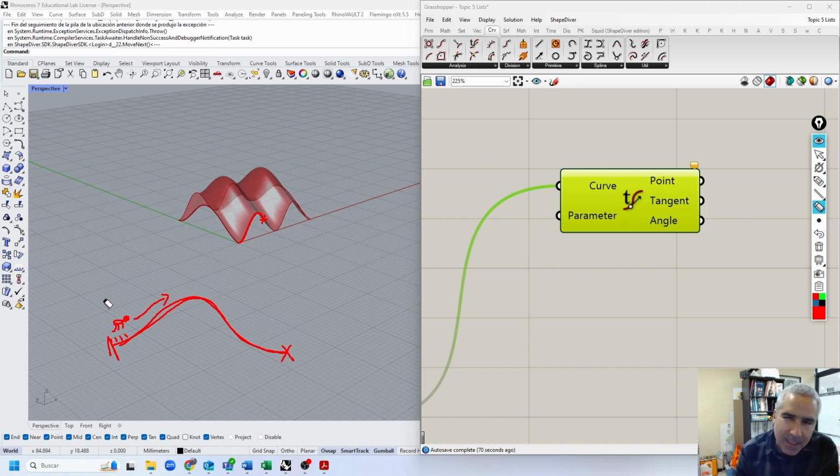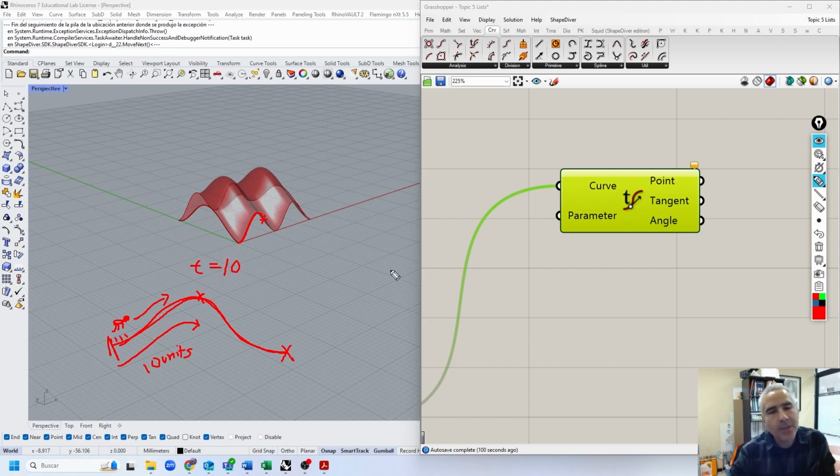It's a little bit different than the concept of parameters in Grasshopper, although it's pretty close. For example, if I'm a little insect and I've walked 10 units, this point right here would be parameter t equals 10.